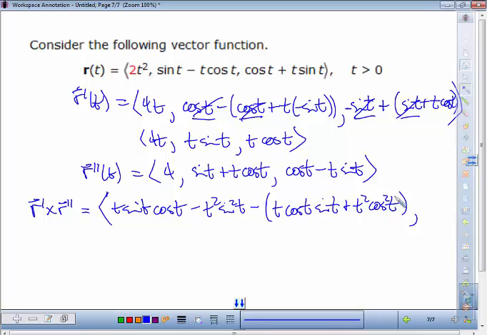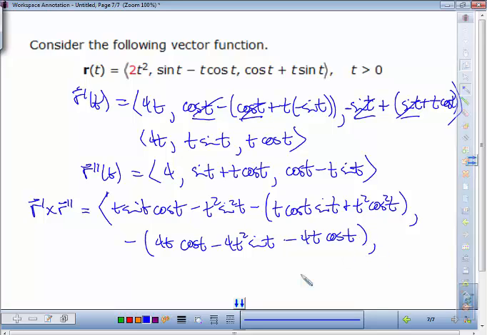All right, before we cancel, let's finish this. The middle term goes away. This is going to be a big negative term. You get 4t times cosine t minus 4t times t sine t, minus 4t cosine t.